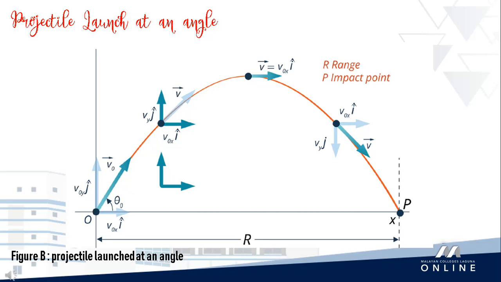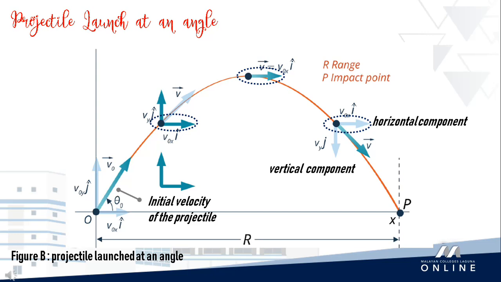Figure B in your slide shows the behavior of velocity of a projectile when launched at an angle. The green arrows indicate the initial velocity of the projectile, where the blue ones designate its two components, the horizontal and the vertical.